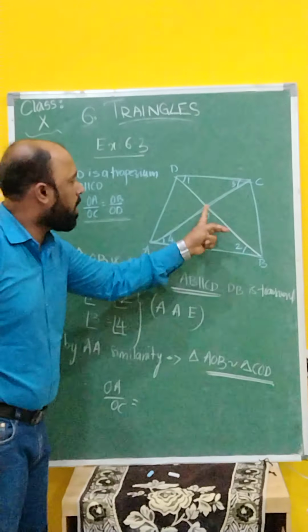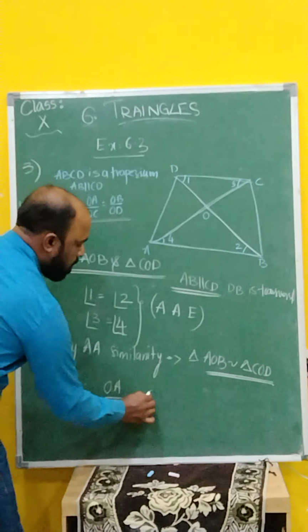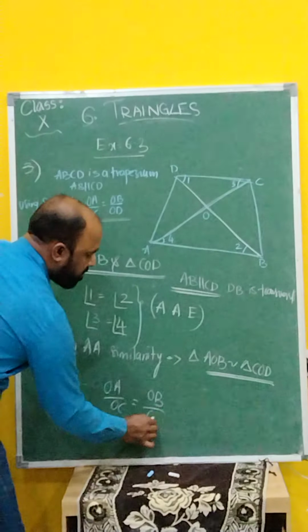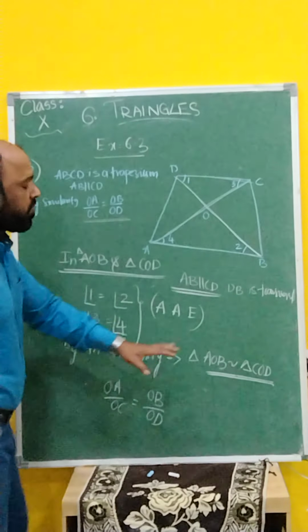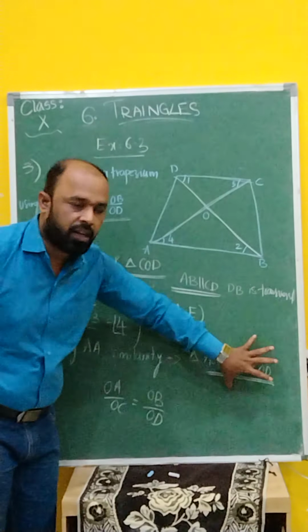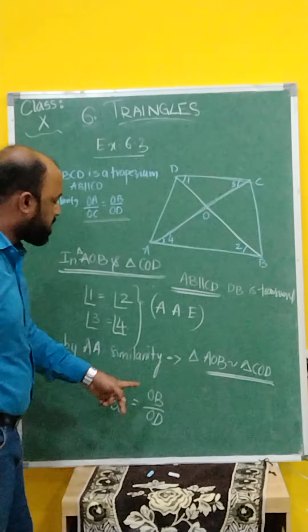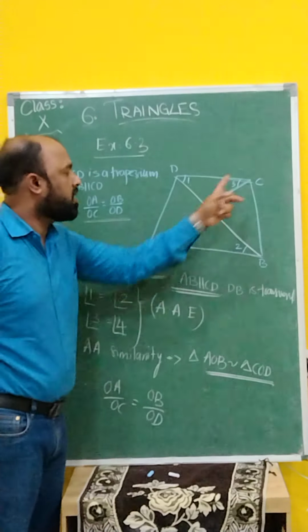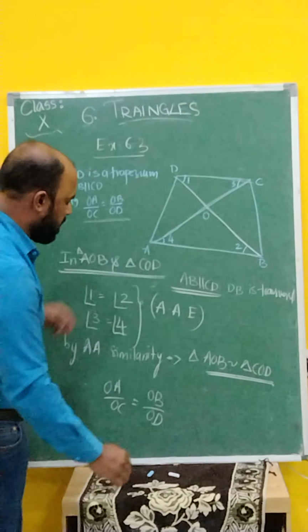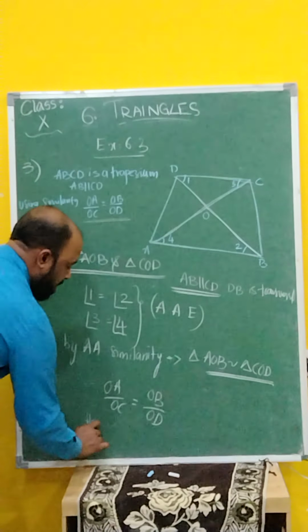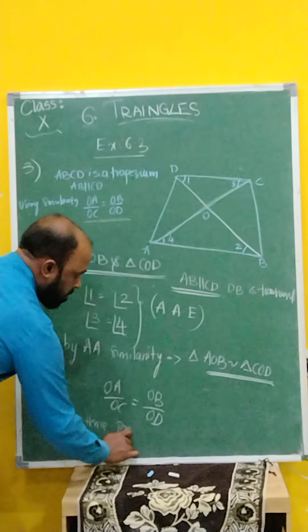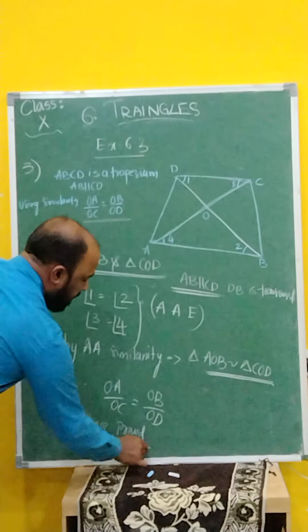OB by OD. Clear, children? If two triangles are similar, then the sides are proportional. OA by OC is equal to OB by OD. Hence, proved. Clear, children?